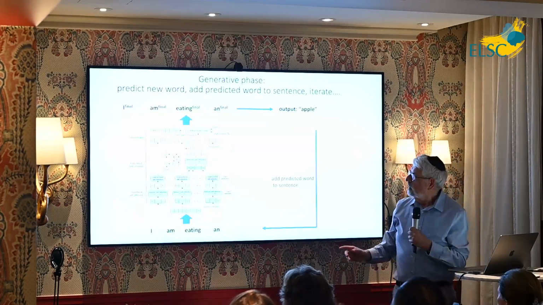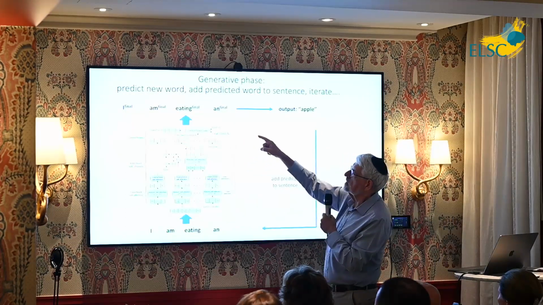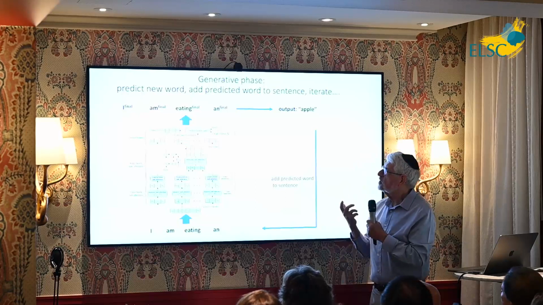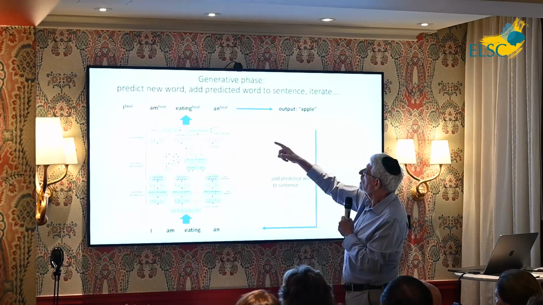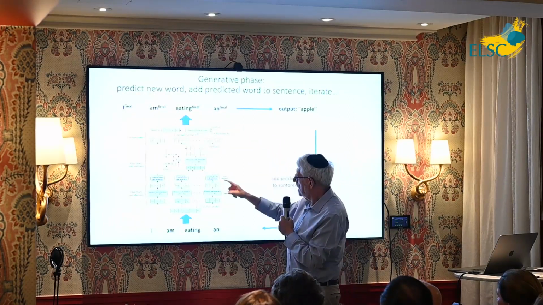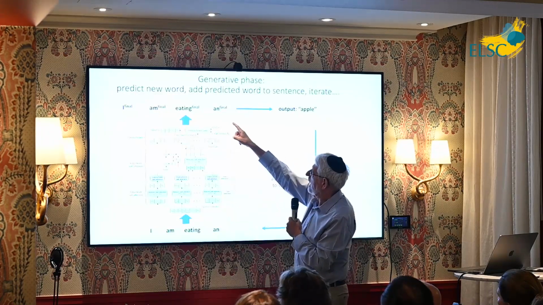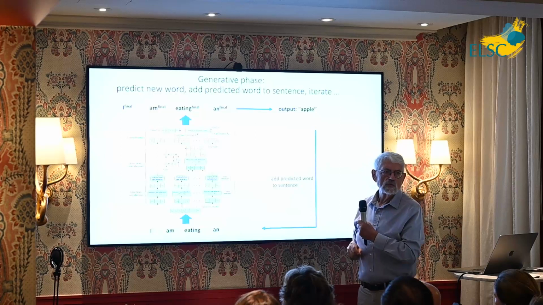So you start with "I am eating" and you get the new representation. It turns out that the contextual representation that these networks generate is capable of taking the last word of the sentence, like N, and predicting from it what should be the next word.